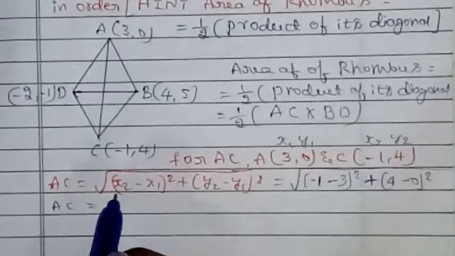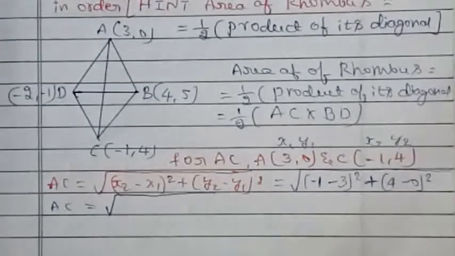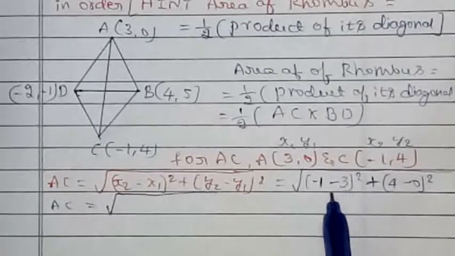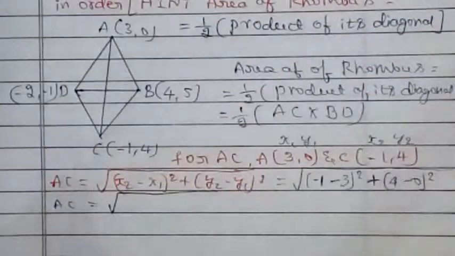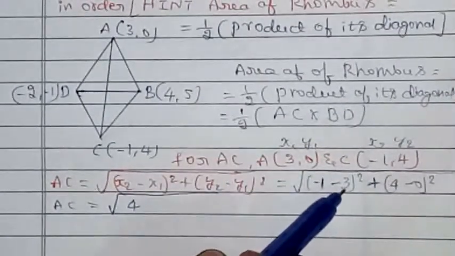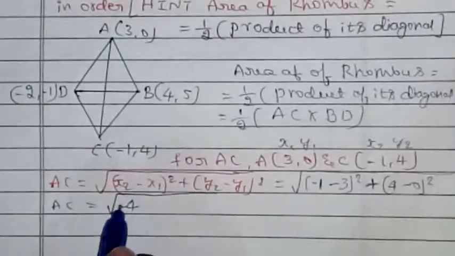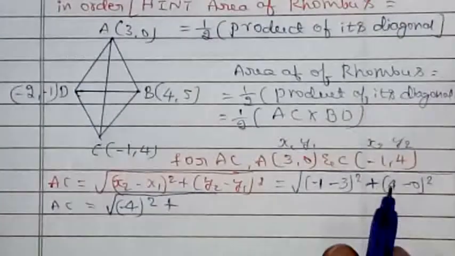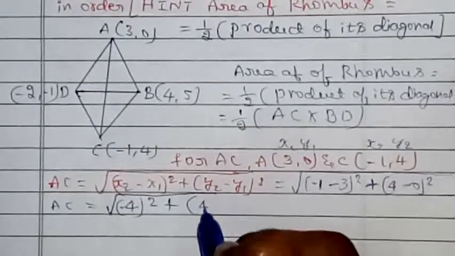So AC is equal to the square root of, here minus into minus is plus, so you need to add. 1 plus 3 is 4, and the sign of the biggest number, which is 3, is minus. So minus 4 whole square plus, here 4 minus 0 is 4, so 4 square.